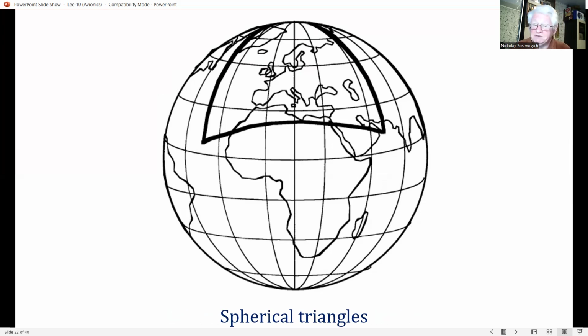The shortest distance between 2 points on the surface of a sphere is along a great circle, and hence navigation routes try to follow a great circle path. Navigation between points on the Earth's surface thus involves the solution of a spherical triangle, as shown in this slide, a spherical triangle being defined as a triangle on a sphere whose sides are parts of great circles. The solution is achieved using the well-established formulae of spherical trigonometry.